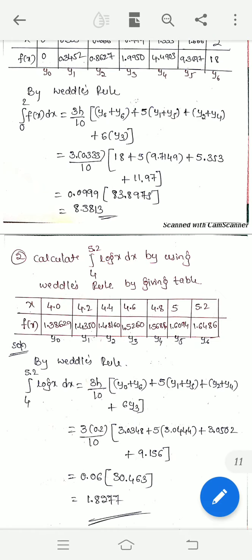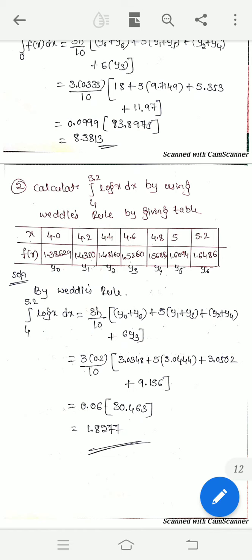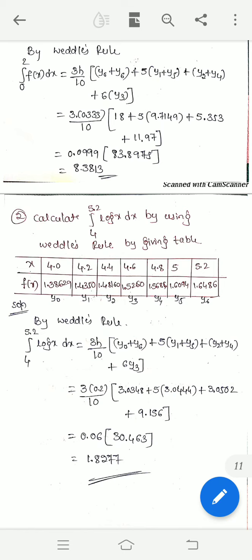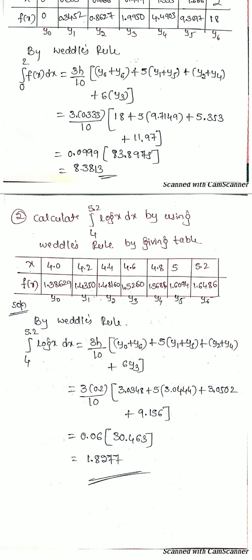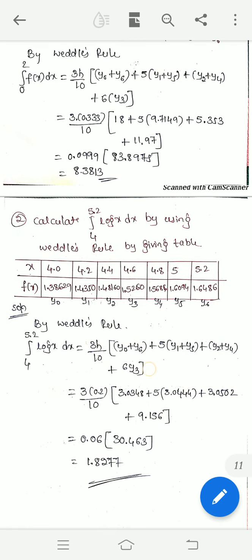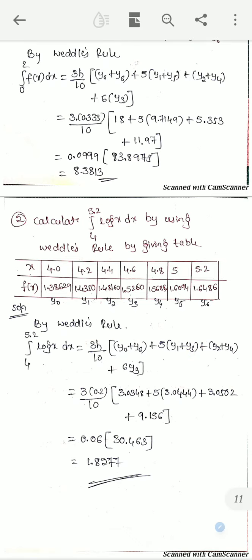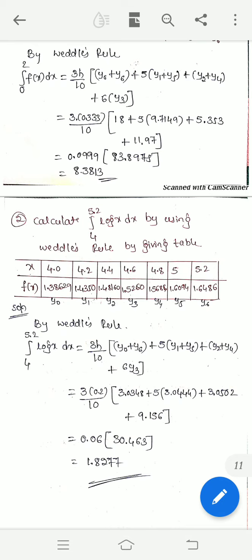We denote all these values as y0, y1, y2, y3, y4, y5 and y6. Therefore, by using Weddle's rule formula, the integral from 4 to 5.2 of log x dx is equal to 3h by 10 into y0 plus y6, plus 5 into y1 plus y5 plus y2 plus y4, plus 6y3.